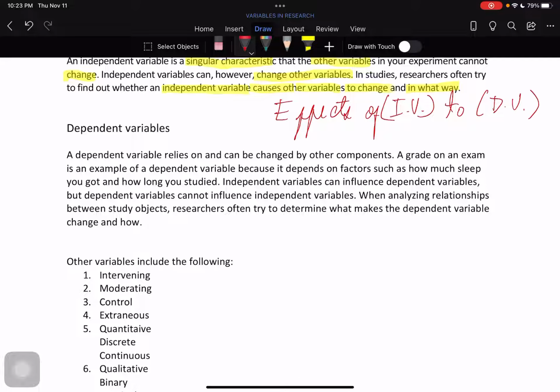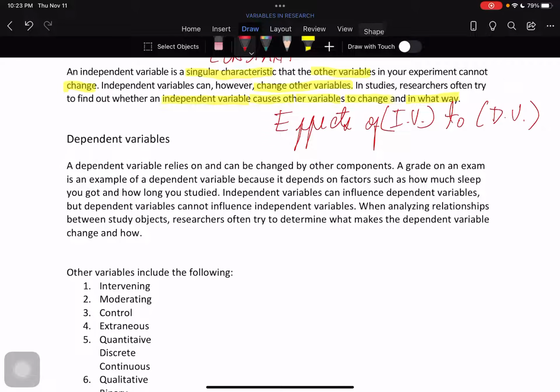While on the other hand, a dependent variable relies on and can be changed by other components, referring to variables. Again, a dependent variable can be changed by other variables.